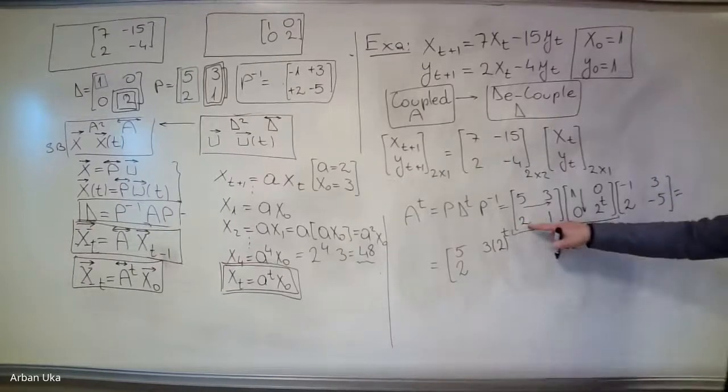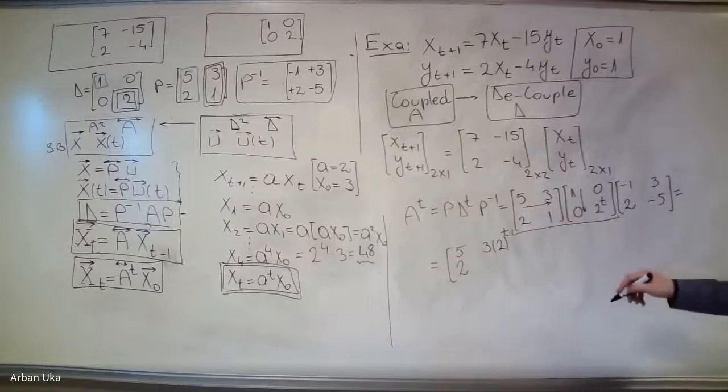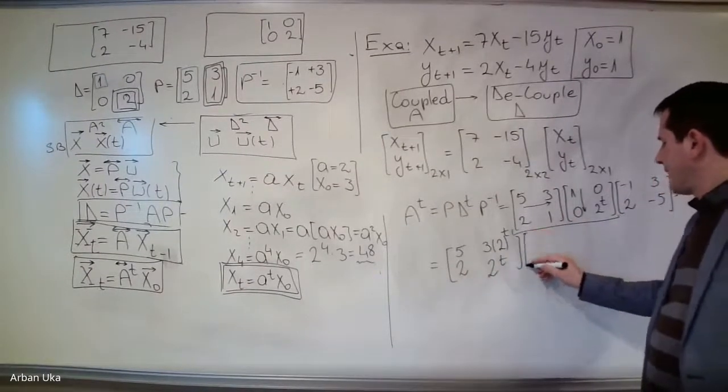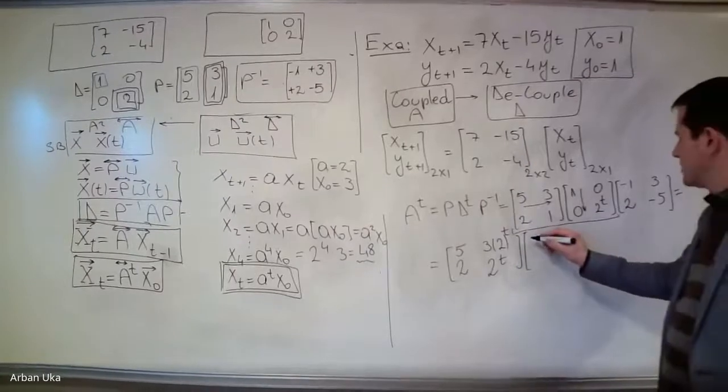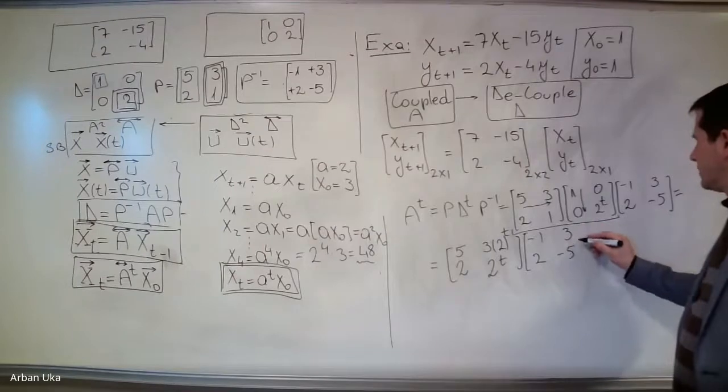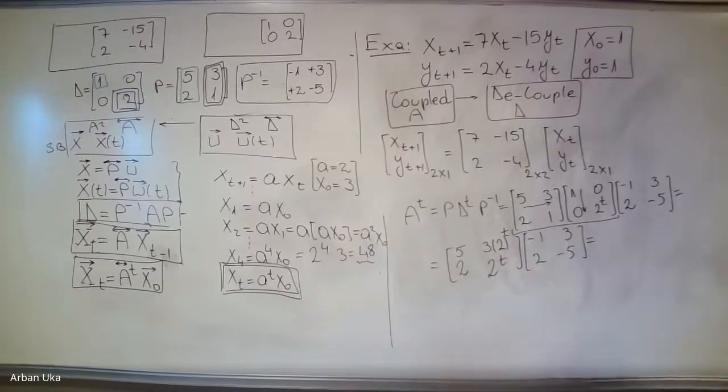And then this row times this column, we get 2 to the power t. And we multiply this one with minus 1, 3, minus 5. We should get another matrix, which is 2 by 2.